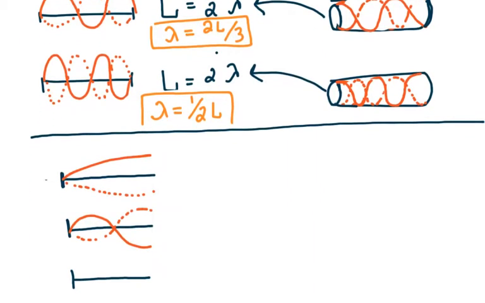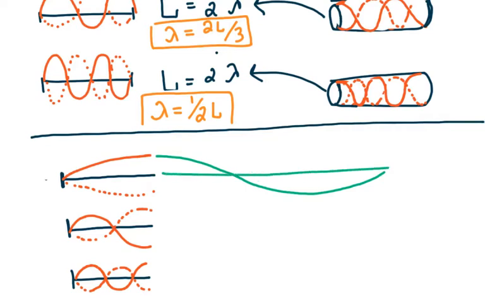So for the last one, I could have the next harmonic that maybe looks like this, and when it's reflected, it looks like this. So when I look over here, I'm actually missing this part of the wave and this part of the wave. So if I continued, I'm missing 1 part, 2 parts, 3 parts of the wave.